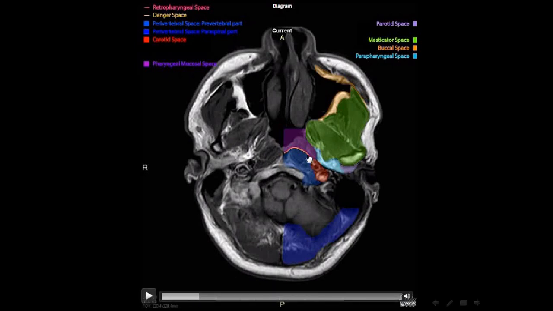Then we have the retropharyngeal space and danger space, which are indistinguishable from each other normally. The prevertebral and perivertebral space, the carotid space, the pharyngeal mucosal space, which is this one, surrounding the pharynx and its mucosa.